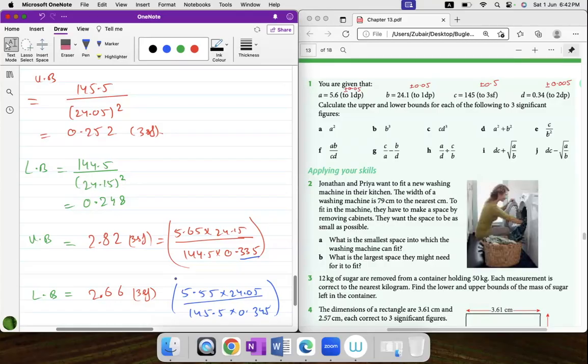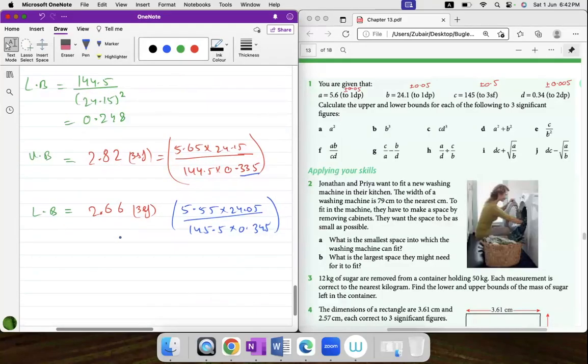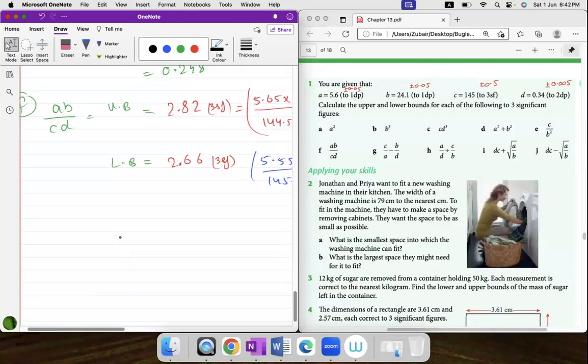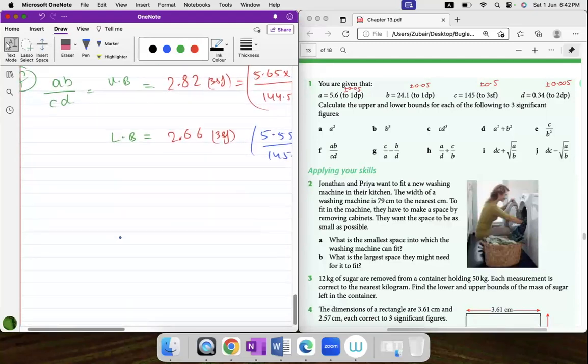Okay. G part is C over A minus B over D. So I'm going for upper bound first.